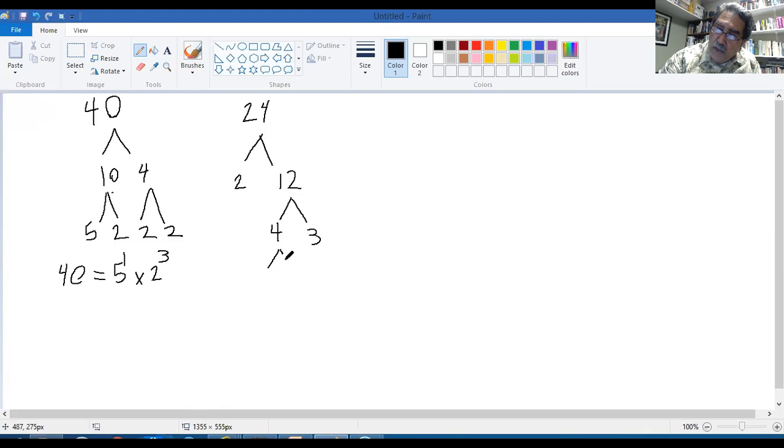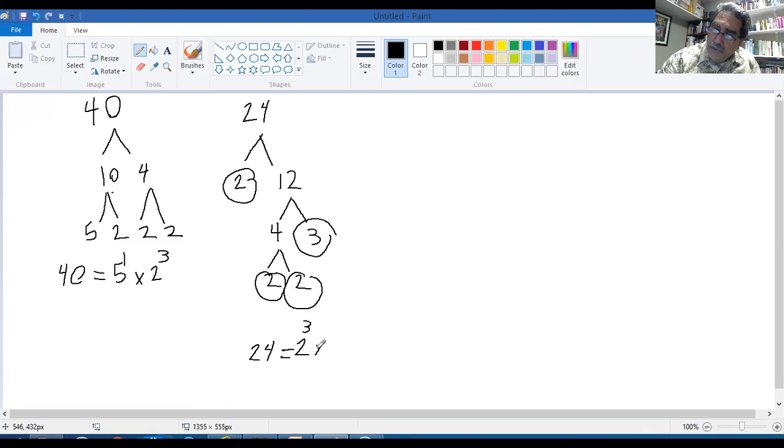But 4 is 2 times 2. Okay, so these are the numbers that we have: 2, 2, 2, and this one. These are prime. So 24 is equal to 2 to the power of 3 times 3 to the power of 1.